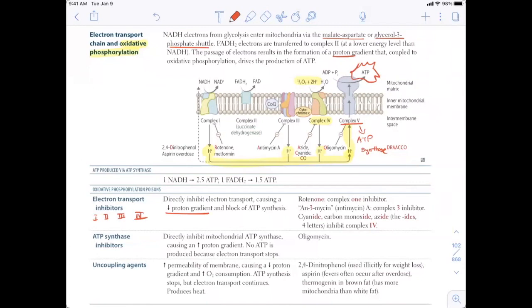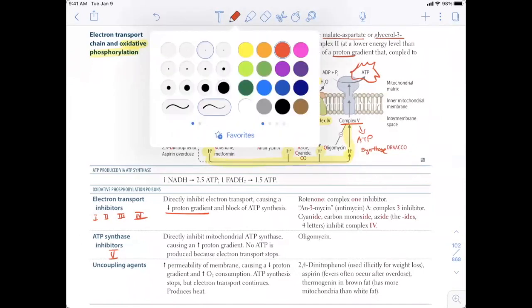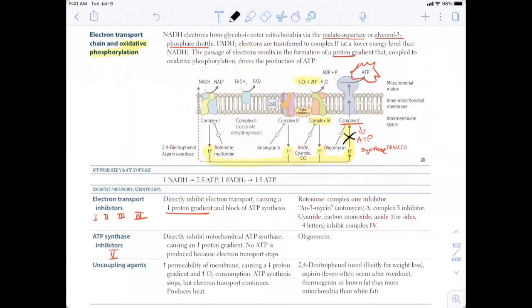Now, the other group you can have is your ATP synthase inhibitors. What is your ATP synthase? Complex 5. So this is your complex 5 inhibitor. Here is the deal: it doesn't stop you from carrying out electron transport. Electron transport will proceed, but at the end of the day that electron transport is going nowhere fast, because this is gone.